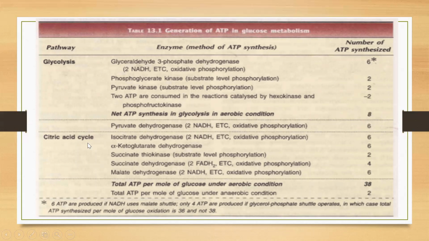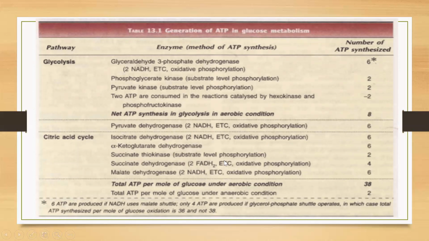Then in the actual citric acid cycle, at the first enzyme isocitrate dehydrogenase, 2 NADH molecules are produced, because I have told you that 2 pyruvate molecules are produced in glycolysis. So from 2 pyruvate molecules, 2 NADH are produced here, and 6 ATP are formed. Alpha-ketoglutarate dehydrogenase enzyme, 6 ATPs are formed. Succinate thiokinase, 2 ATPs are formed.